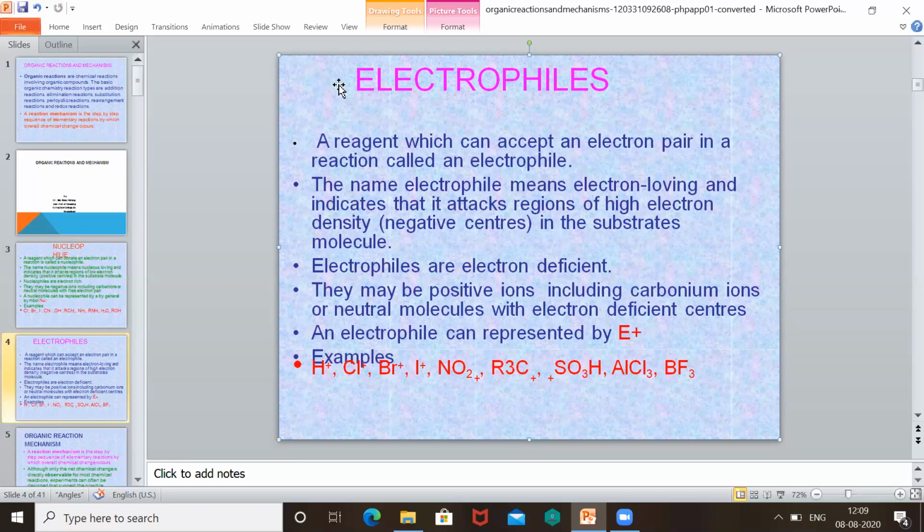A covalent bond has two electrons. If the two electrons are equally shared between two atoms, they become free radicals. If both electrons go to one atom only, it becomes a nucleophile, and the other becomes an electrophile. So electrophiles and nucleophiles are produced as a result of heterolytic fission, and due to homolytic fission of a bond, we get free radicals.